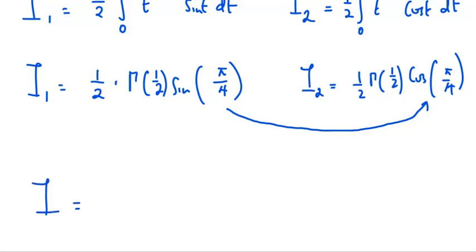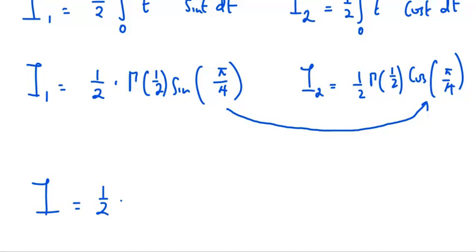And at the same time, this is going to be 1 over 2, multiplied by the gamma of 1 over 2, which is just square root of pi. Multiply with sine of pi by 4, which is square root of 2 by 2. Am I getting it right? Okay, let's relax and find out the truth.